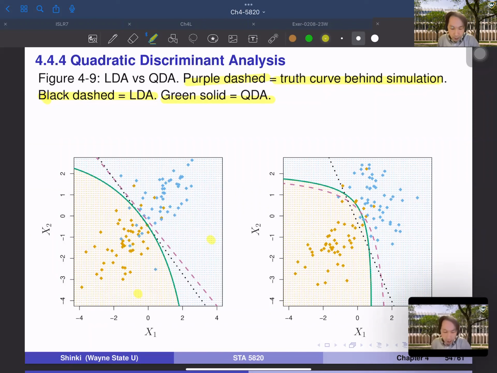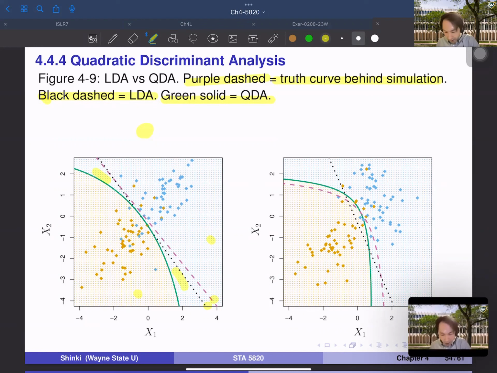In the left example, LDA looks better. You can see that the black dashed line is much closer to the purple dashed line, simply because the true boundary is linear and LDA assumes the boundary is linear. So that model is correct, and that's why we can get the boundary correctly. Actually, we don't have many observations between these two boundaries, green and black.